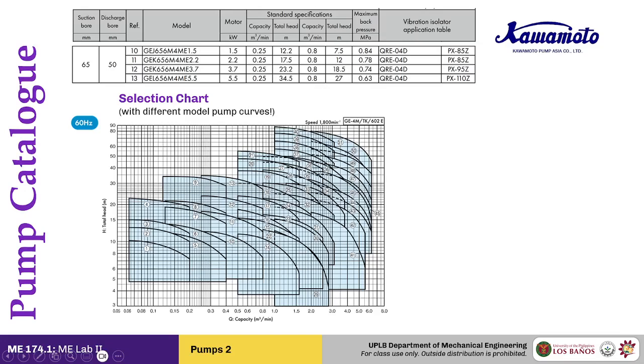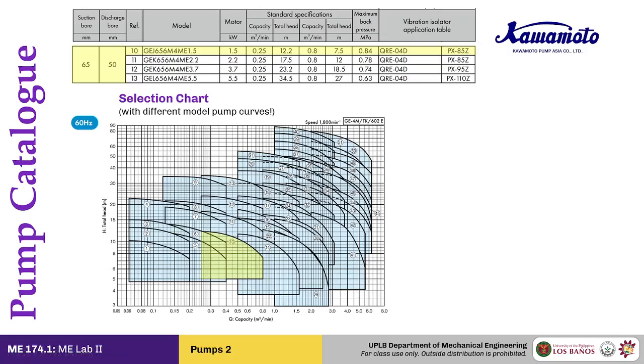Let's say, for example, we're interested in GEJ 656 M4ME 1.5 for one reason or another. Maybe you just like the size of the motor or something. In order to find that, let's look for the reference number, which is 10, and we highlight the pump performance curve identified with that number. So here we go.